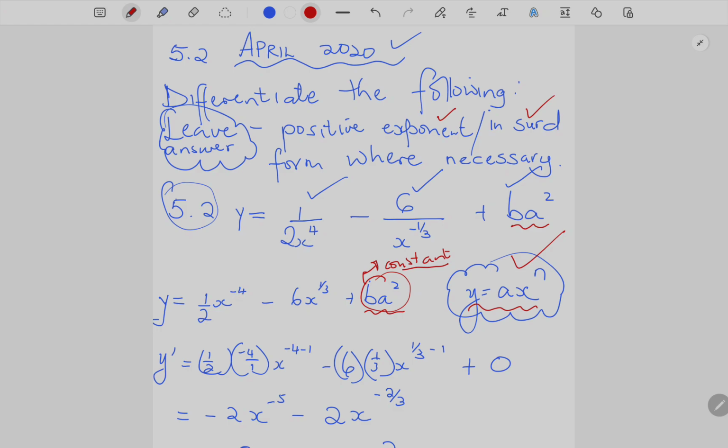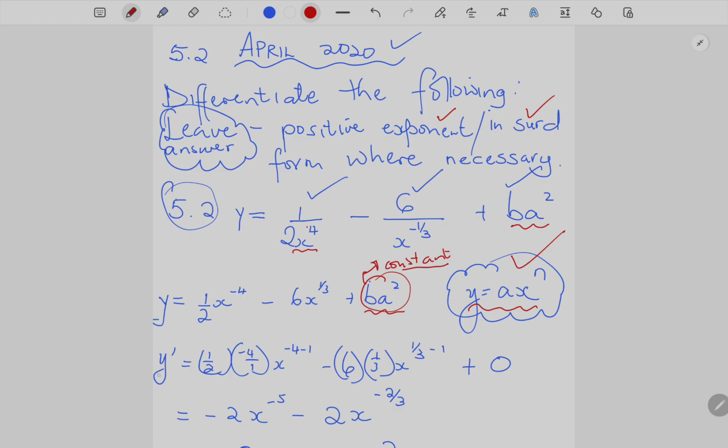Remember, when you move from the denominator to the numerator, the exponent changes. The exponent here was positive initially, now it's going to change to a negative exponent. Minus 6x to the power 1 over 3 plus b a squared.